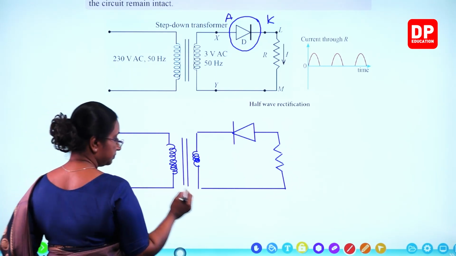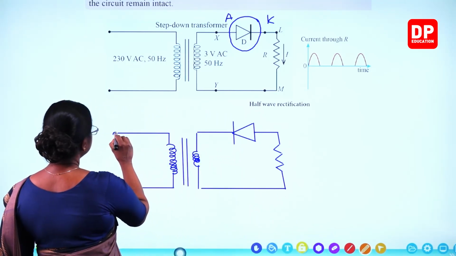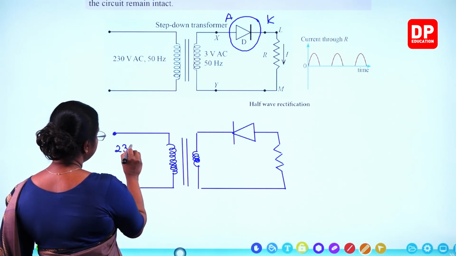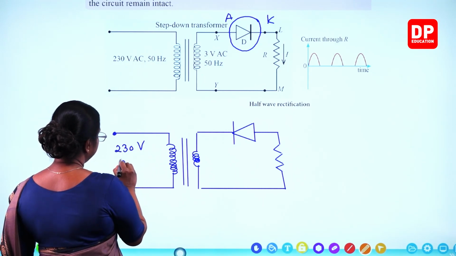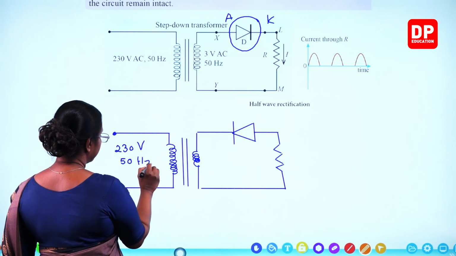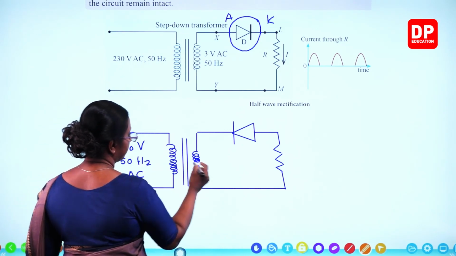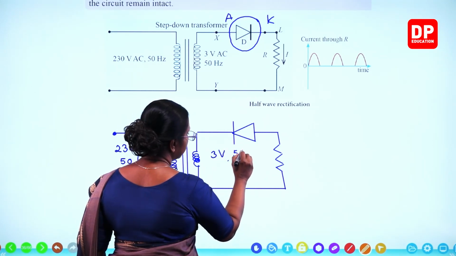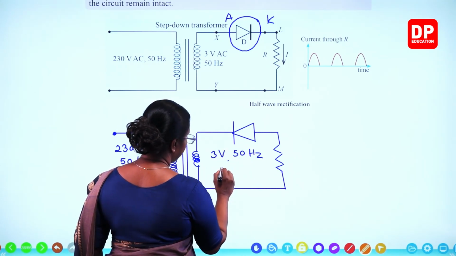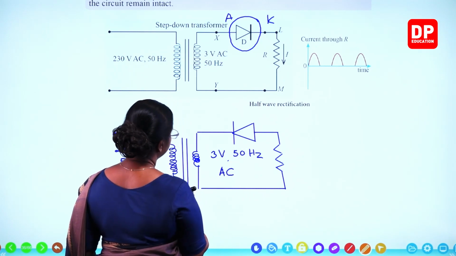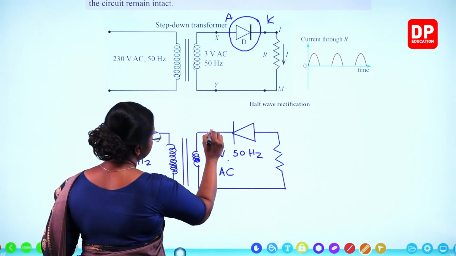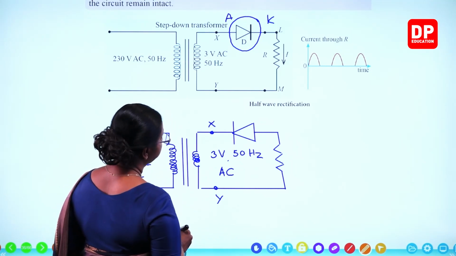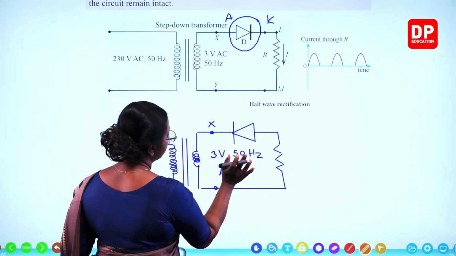So here we have the points where we supply 230 volt, 50 hertz alternating current. But here it becomes 3 volt, 50 hertz alternating current. And these points, this is point X and this is point Y. So that is how they wanted us to connect it.